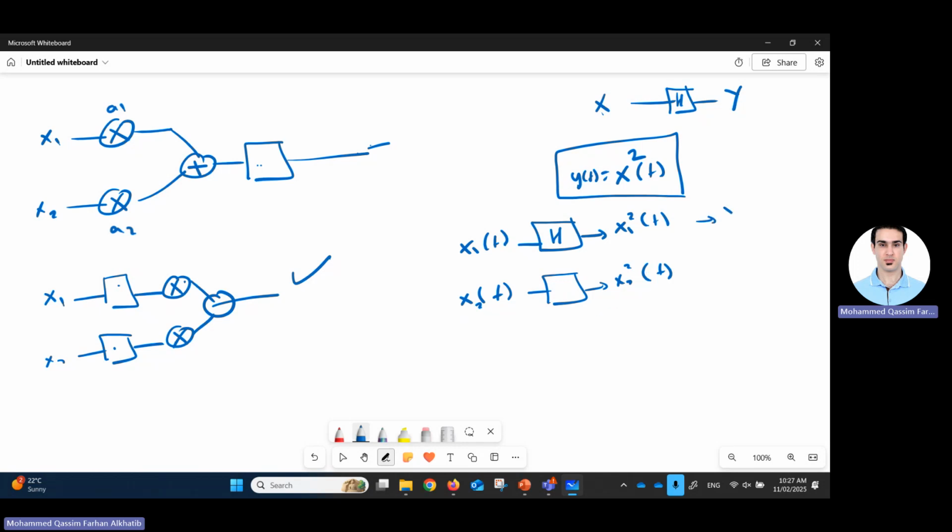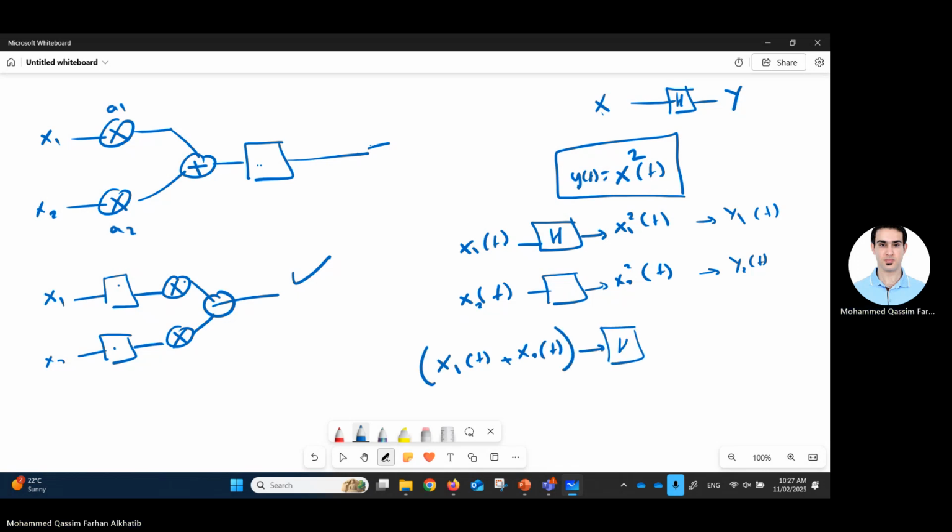So let's call this one y1 of t, and this one is y2 of t. Now it says, if you apply x1 of t plus x2 of t to the system, what will we get there?